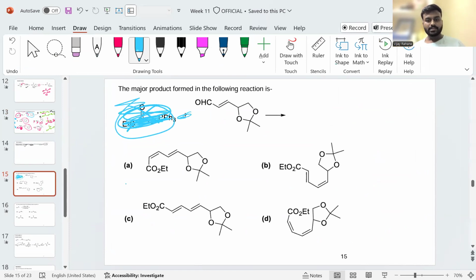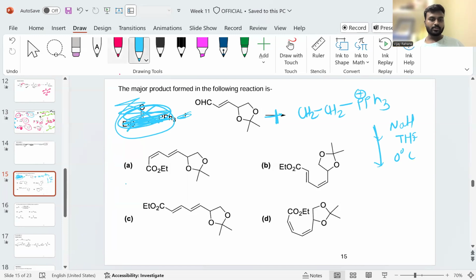Instead of this Wittig, I have CH2, CH2, PPh3 plus. And in the reaction there is sodium hydride, THF, at 0 degrees Celsius. So this is the reaction condition, and what will be the product?